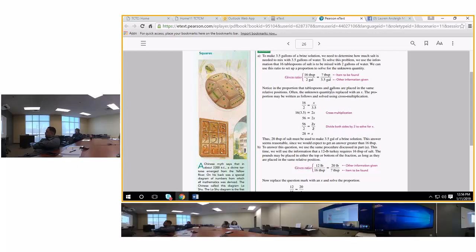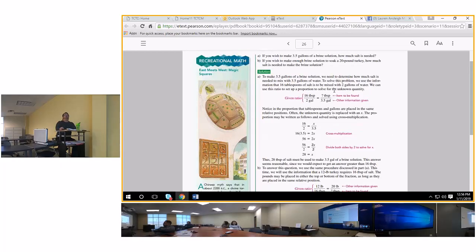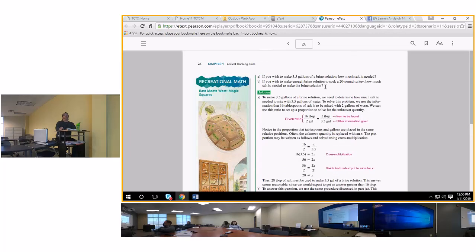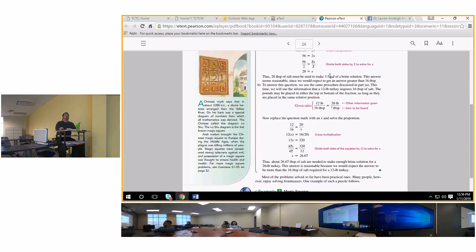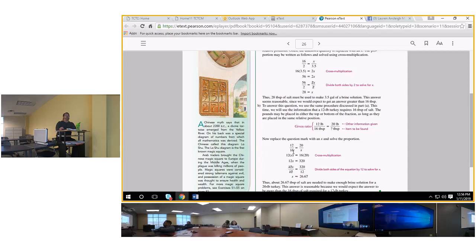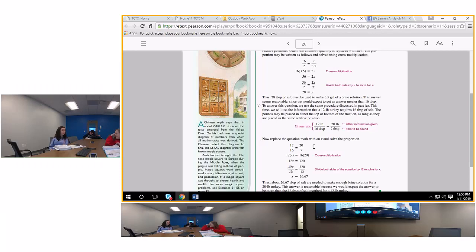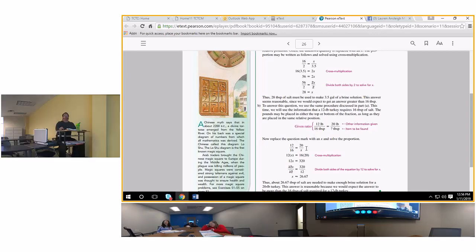Now the question asked, if you wish to make enough brine to soak a 20-pound turkey, how much salt is needed? A 20-pound turkey. Well, 12 is to 16 as 20 is to X. Now, what's on top? Pounds.